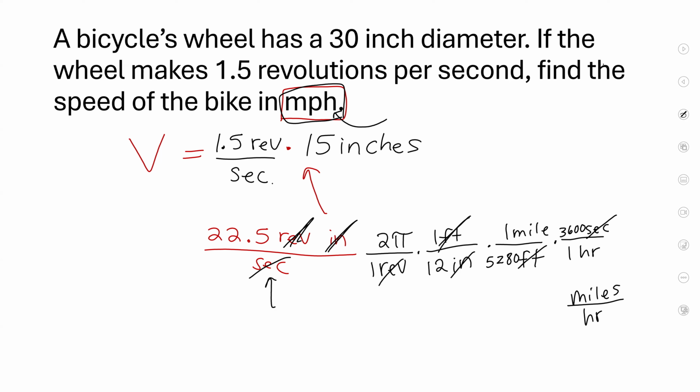Enter. That's all of the numerator. Now, divide, hit the division button. Divide by 12, hit enter. Divide by 5,280, hit enter. You should have gotten 8.028 miles per hour.